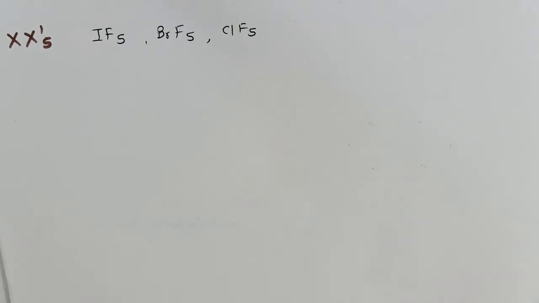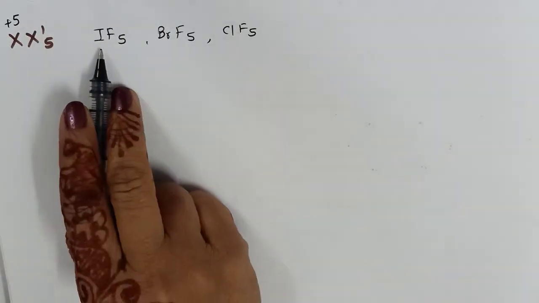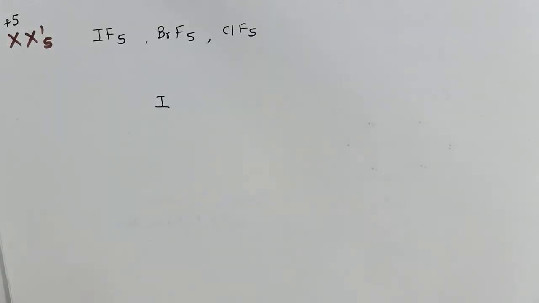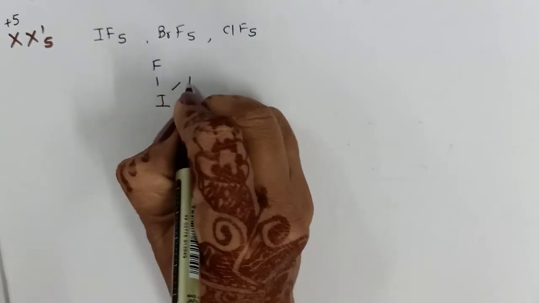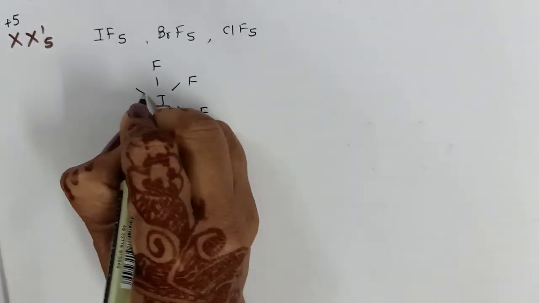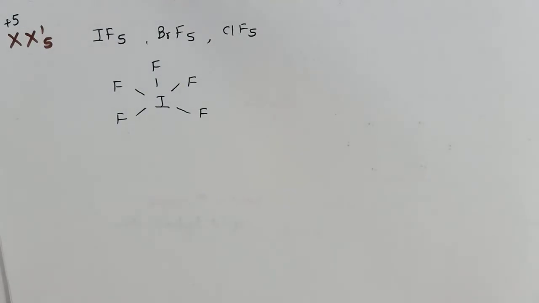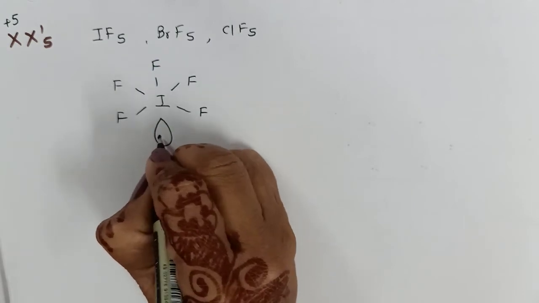The next interhalogen is of XX'5 with X having oxidation state of +5. The examples are like IF5, BrF5 and ClF5. Let us discuss the structure. Iodine has again 7 electrons in the outermost shell, out of which it will form 5 bonds with 5 fluorine atoms. So out of 7 electrons, 5 have been used and one lone pair will be left out.